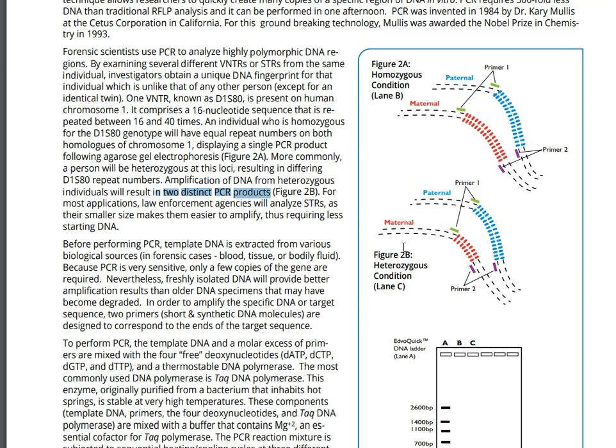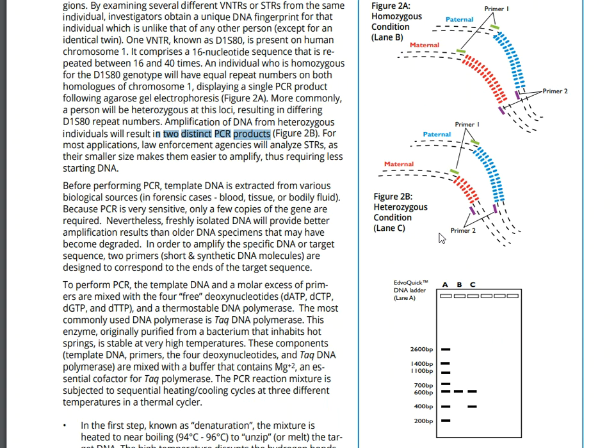Just now I also said heterozygous. Well, what does that mean? Again, paternal and maternal. These are from your two parents, your mother and your father. Maybe one parent has this piece of the DNA that looks a certain way, and the mother has a piece of DNA that looks a different way. So these are not quite the same.